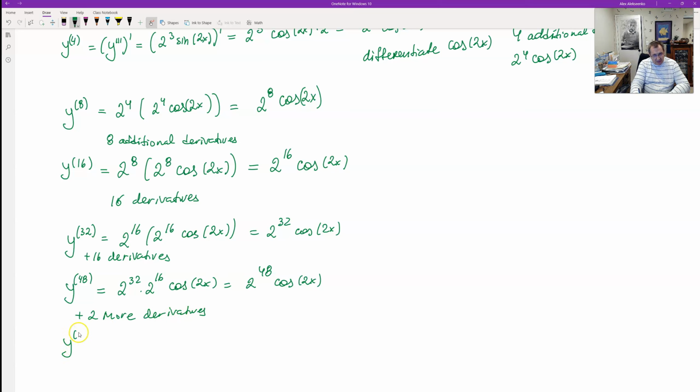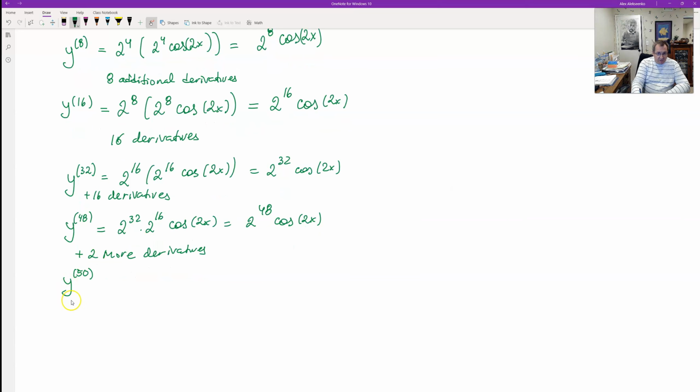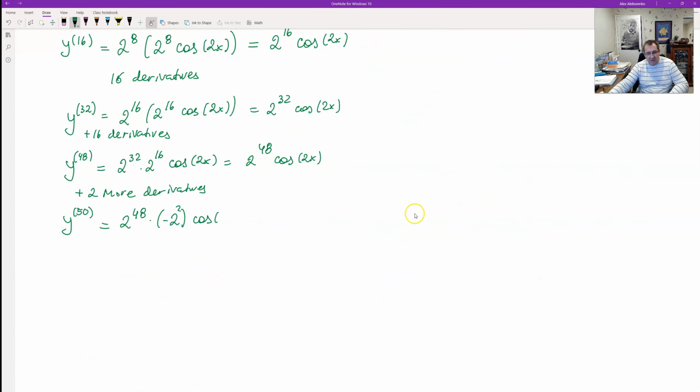Well, we actually can do it directly, or we can go up and see what the 2 derivatives do. The 2 give the factor of negative 2 squared. So what we're going to have is 2 raised to 48 multiplied by negative 2 squared times cosine. Is it cosine? Yes, it is. Cosine of 2x. So here we go. Negative 2 raised to 50 cosine 2x.